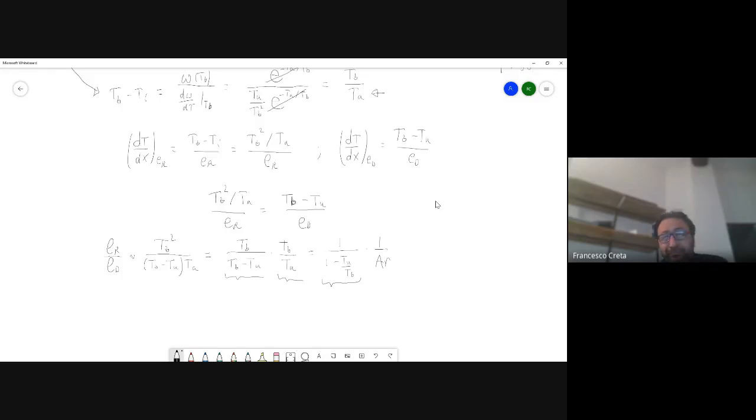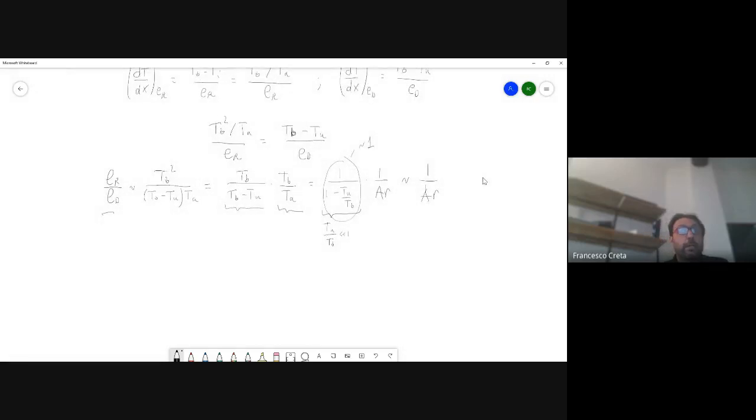Why? Well, TU is generally, let's say, ambient temperature, and TB is the adiabatic flame temperature. So this ratio here is small, right? To the extent that if this is small, then the whole thing here is of order 1. So we can say essentially that the ratio depends on the Arrhenius number inversely.